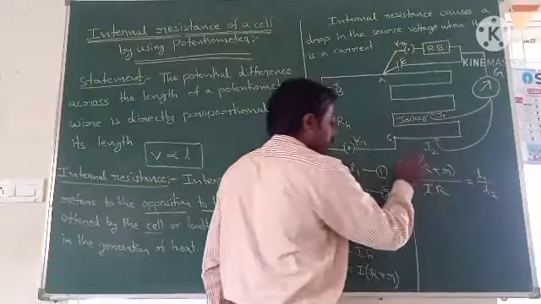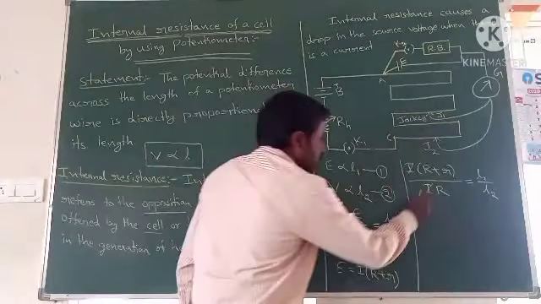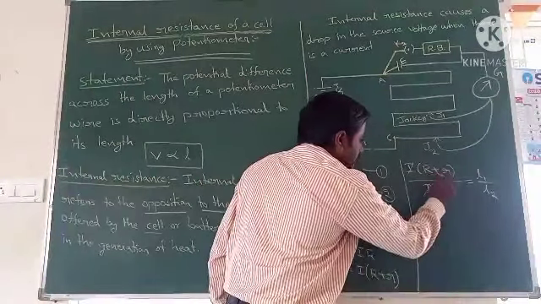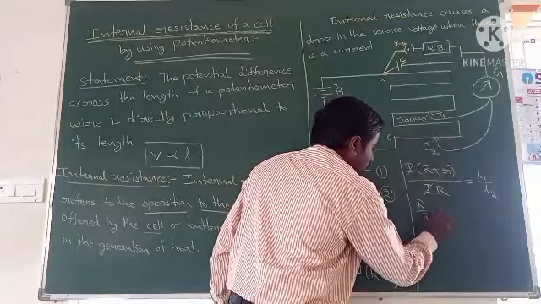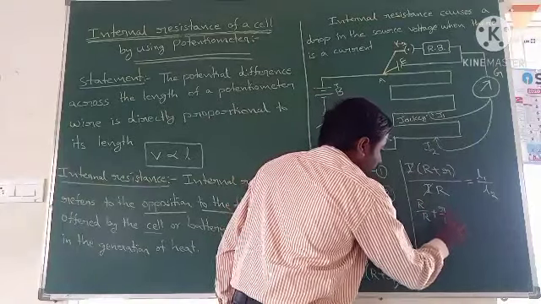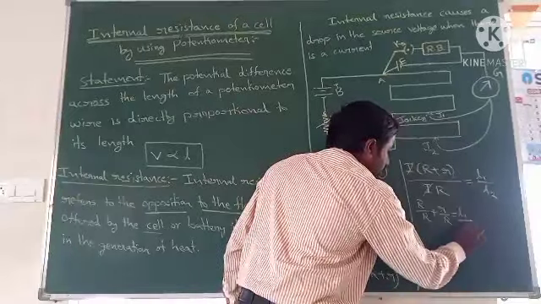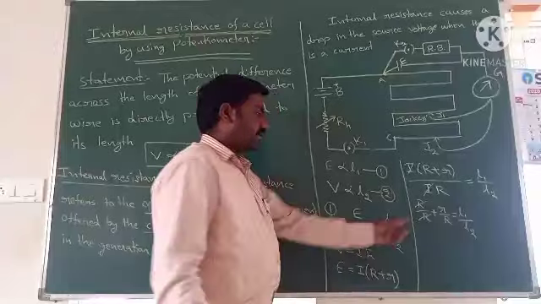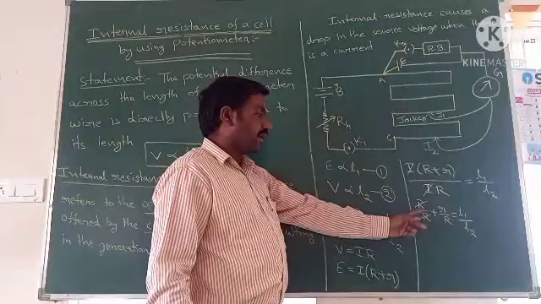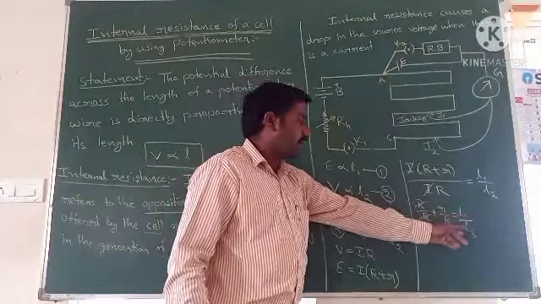So I will be cancelled. Then this can be written as (R plus r) by R, that means (R plus r) by R equals L1 by L2. Again, this can be written with R cancelled, and the remaining term is 1 plus r by R equals L1 by L2.